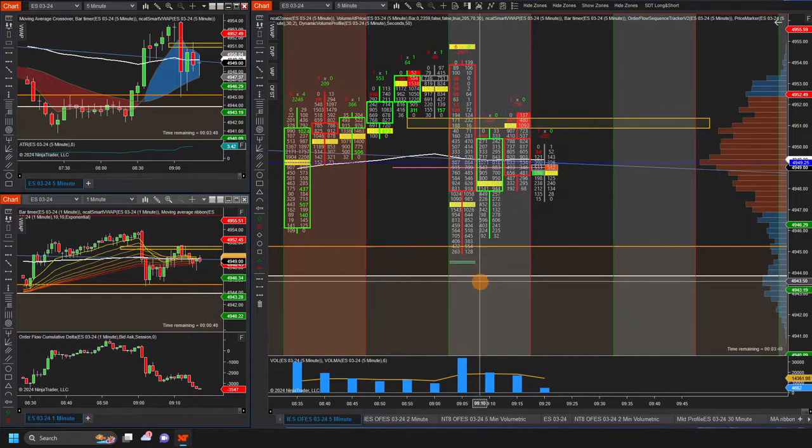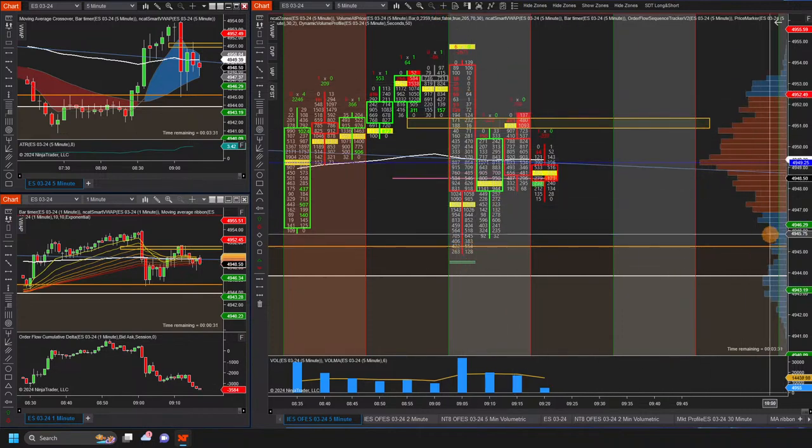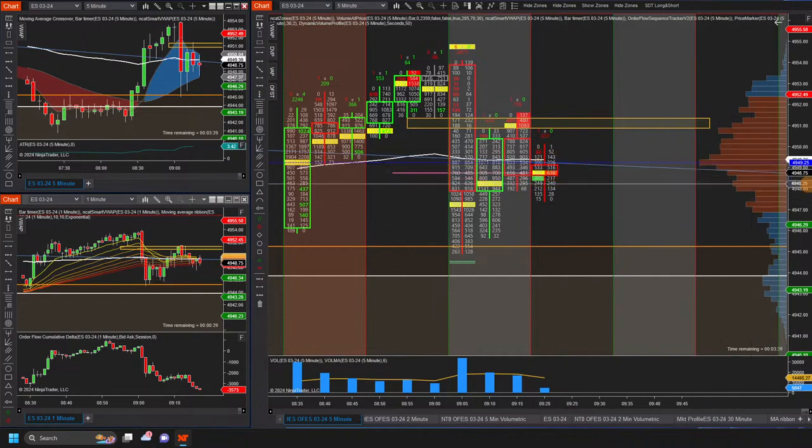So right now price is just oscillating back and forth around the POC. We're building up a little triangle here as the volume grows around the POC, and I think we're going to be range bound here for a little bit. So sorry guys.